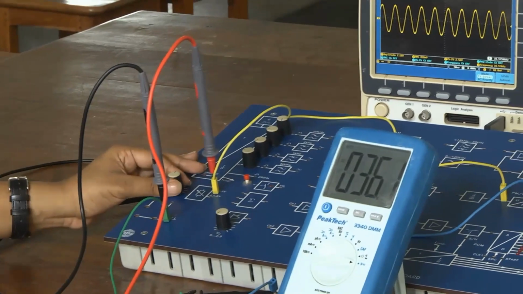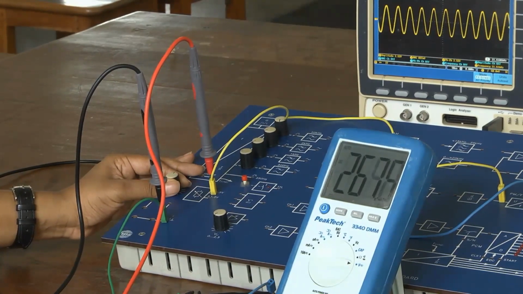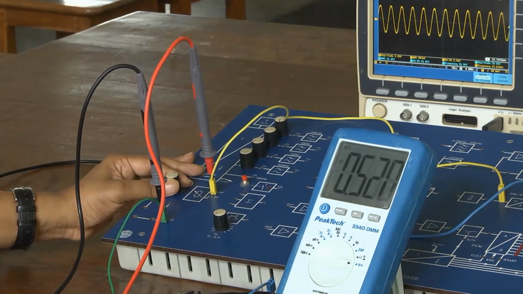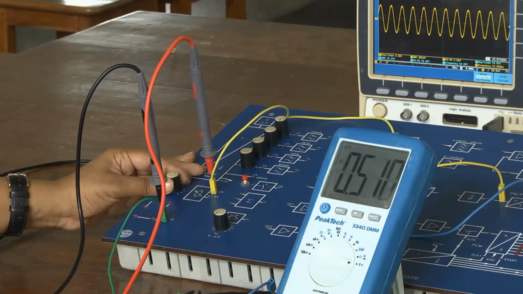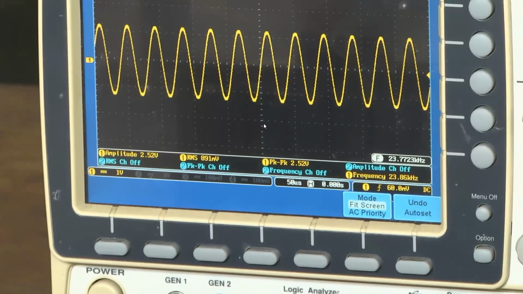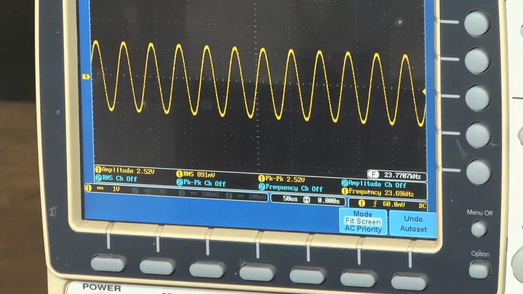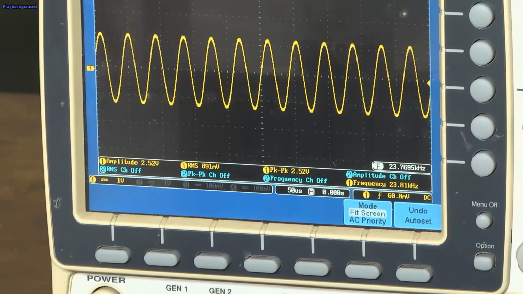Then we have to make the voltage 0.5. Note down the frequency value for 0.5.